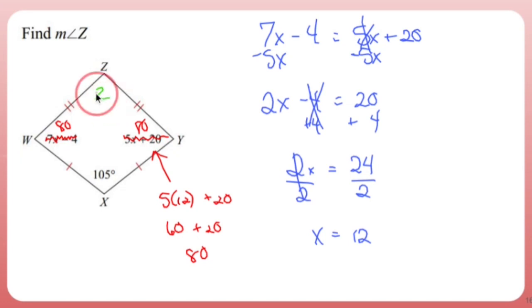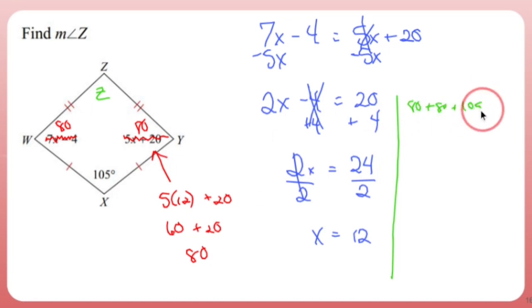So I will actually call this Z, and what I know is that this is a quadrilateral. And this angle plus this angle plus this angle plus this angle is going to equal 360 degrees. So 80 plus 80 plus 105 plus Z is 360 degrees.